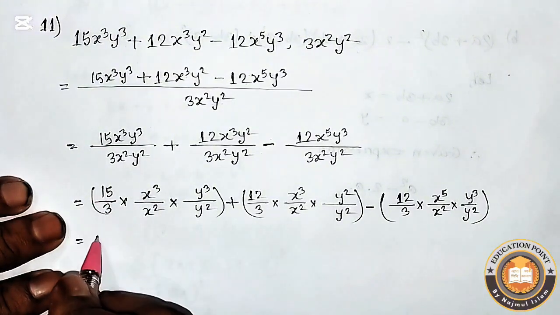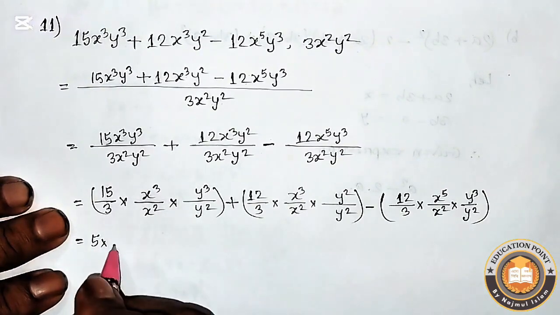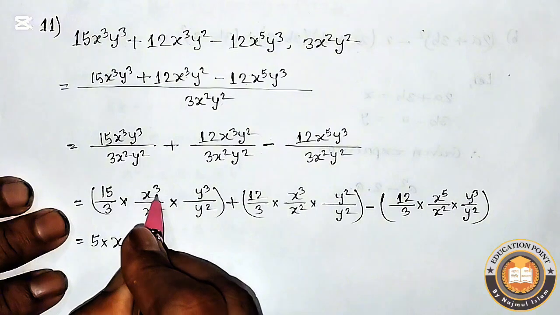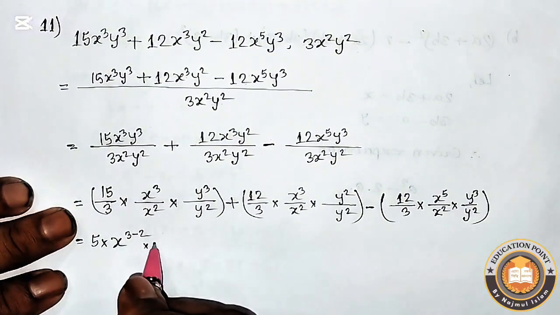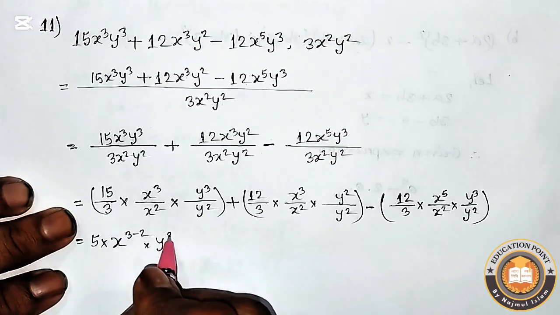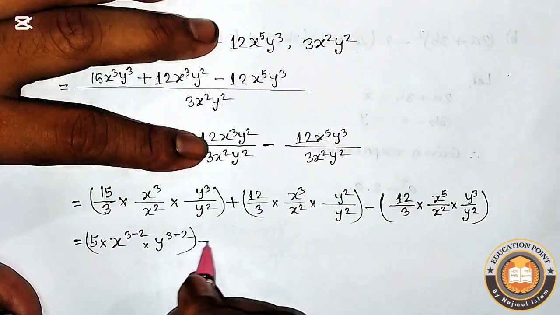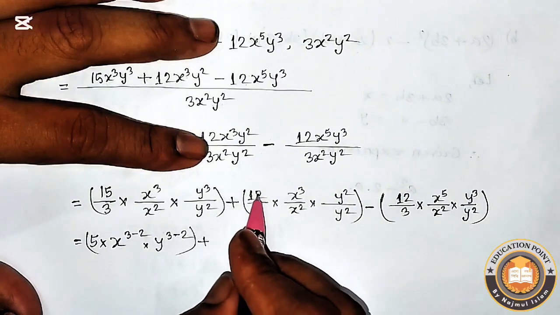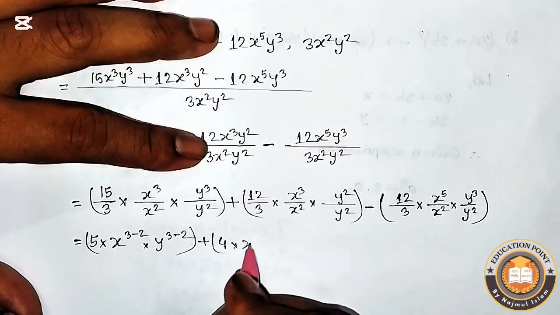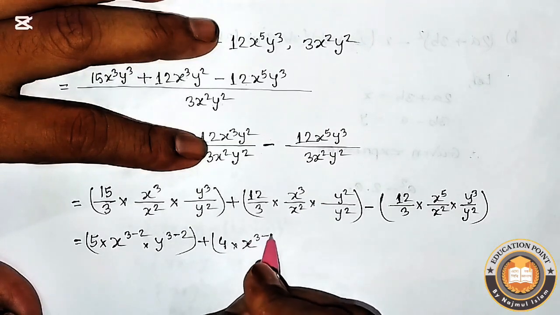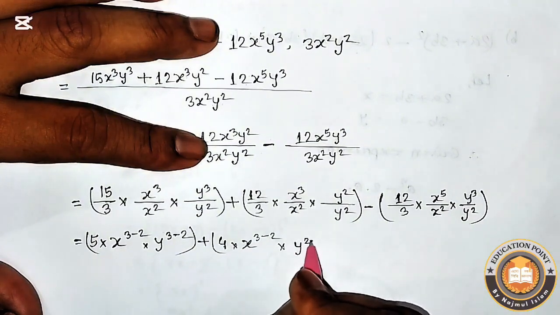15 divided by 3 equals 5, into here similar base x, so their power will be subtracted: 3 minus 2, into similar base y, their power will be subtracted. Plus 12 divided by 3 equals 4, into similar base x, their power will be subtracted, similar base y, their power will be subtracted.